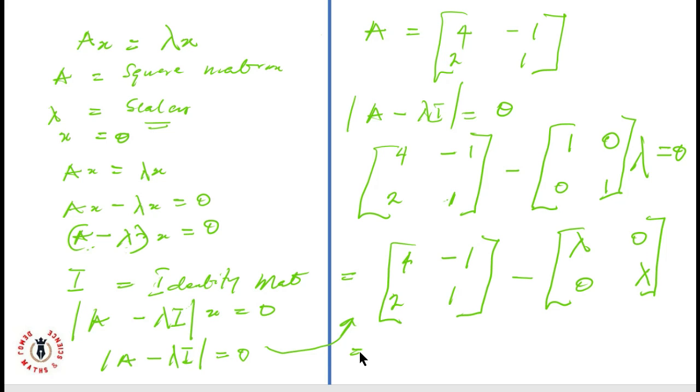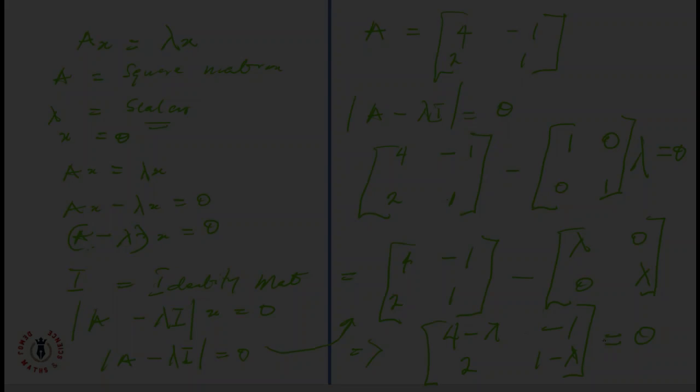Now my overall matrix becomes 4 minus lambda, minus 1 minus 0, that's minus 1, 2 minus 0, that's 2, then 1 minus lambda, equals 0.